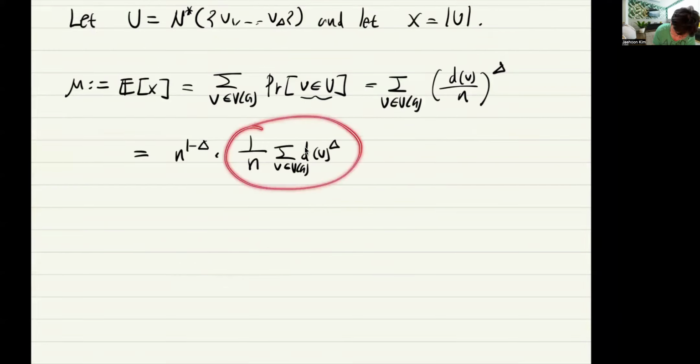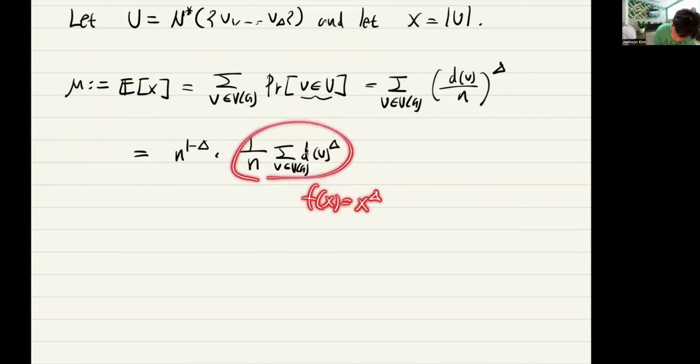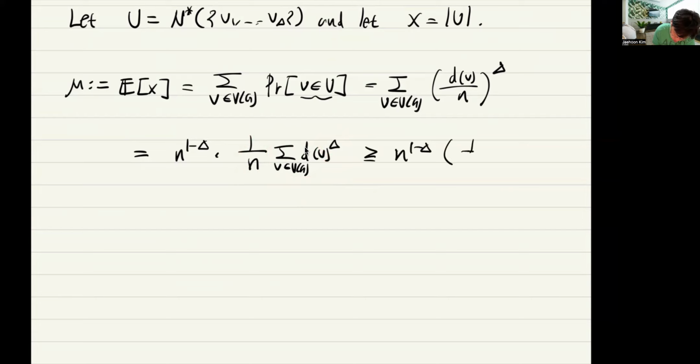But what's this? That's the average of the function f(x) = x to the delta, and by convexity, we know that this one is at least you take the average and then apply the function.